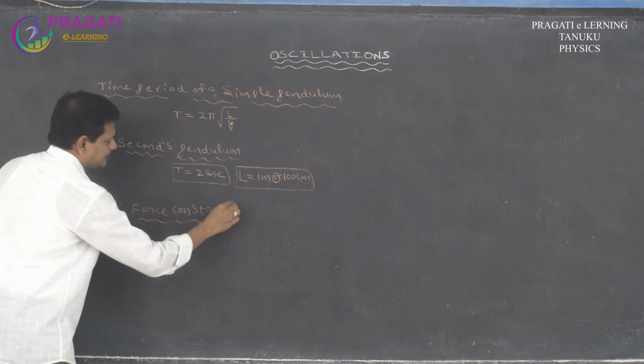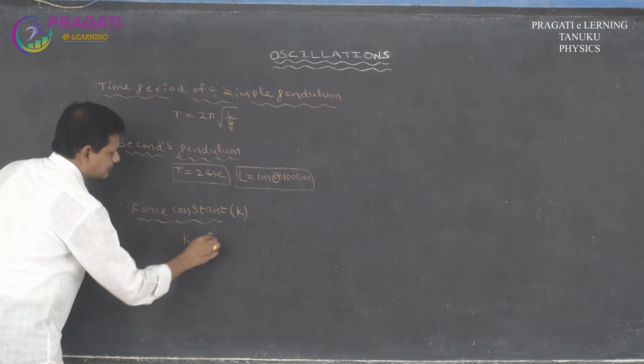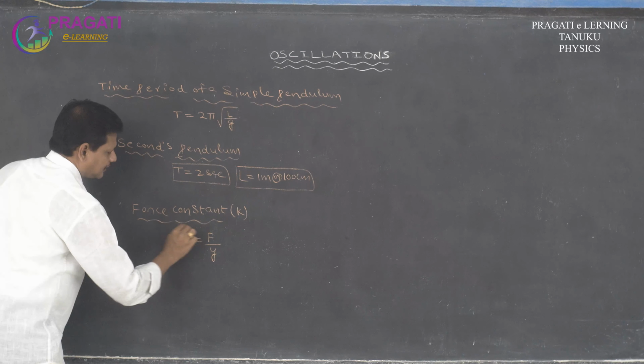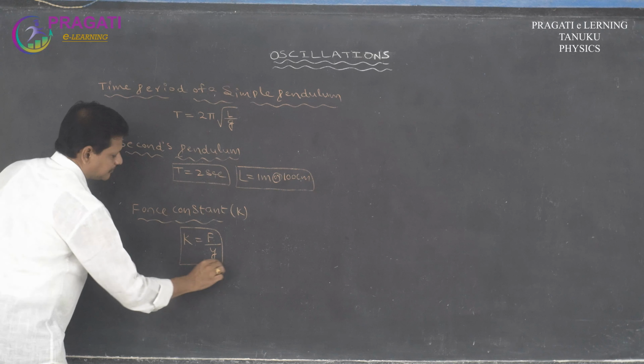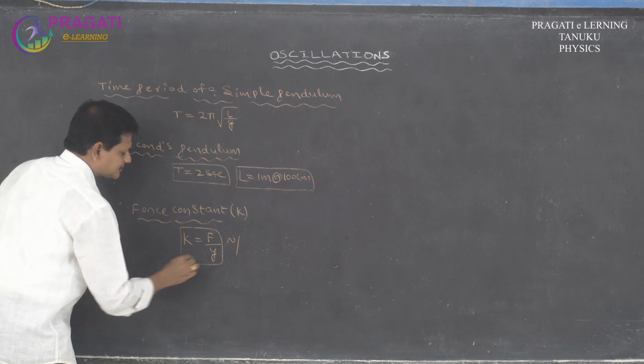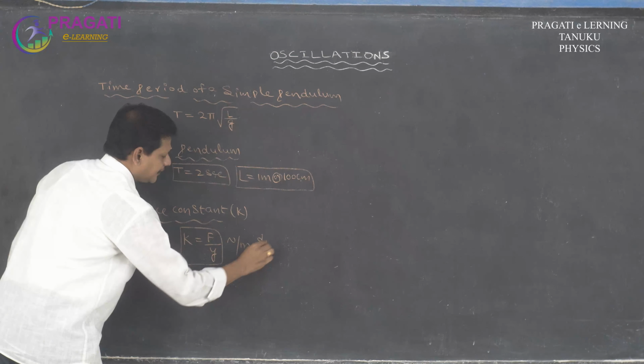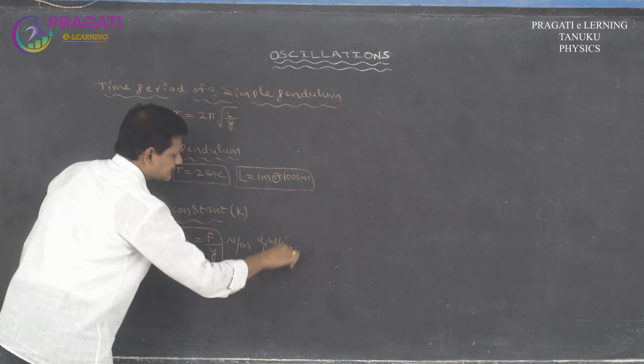It is represented with K. It is the restoring force per unit elongation, extension or displacement. The unit of force constant is Newton per meter, and in CGS units, dyne per centimeter.